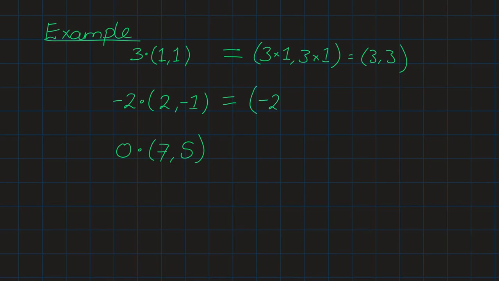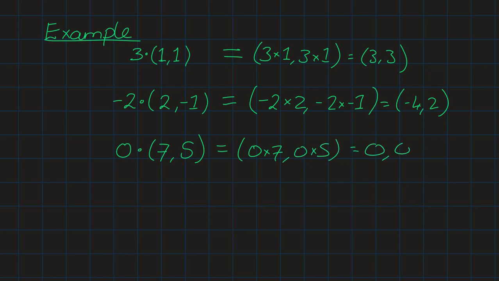This here is minus 2 times 2, comma, minus 2 times minus 1, which is minus 4 comma 2. And finally, this is 0 times 7, comma, 0 times 5, which is just 0, 0. So these are all examples of scalar multiplication.